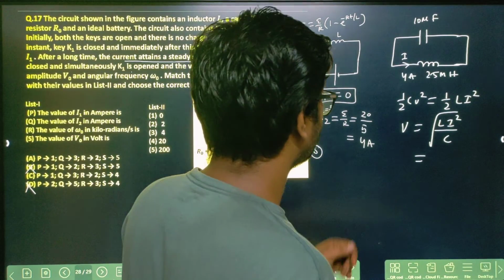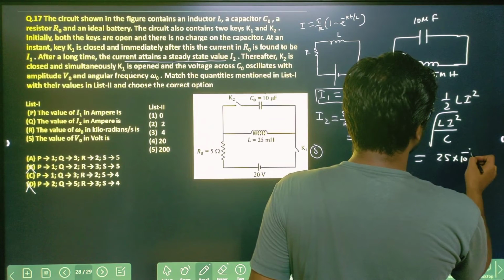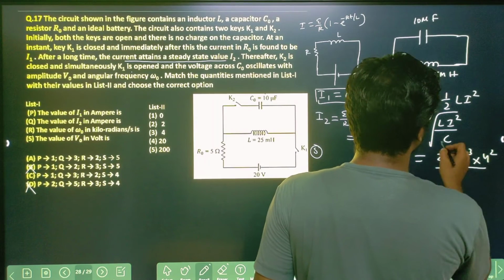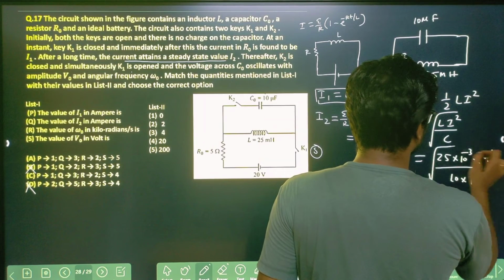So L is how much? 25 into 10 to the power minus 3, into I is 4 squared, divided by C which is 10 into 10 to the power minus 6, whole root, right?